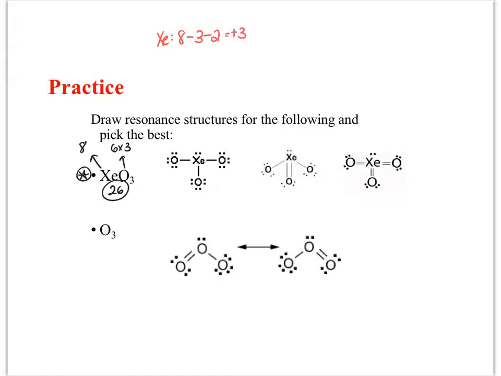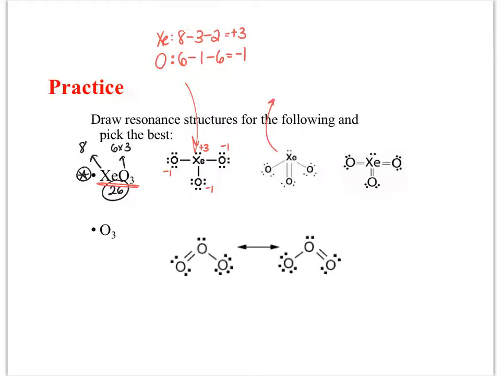Each of these oxygens has an equivalent formal charge because they're all drawn the same way. 6 minus 1 bond minus 6 dots, so that's a -1 all the way around, with this +3. Now if I add those all up, +3 plus -1 plus -1 plus -1, it equals 0. This molecule has no charge, so that's okay.